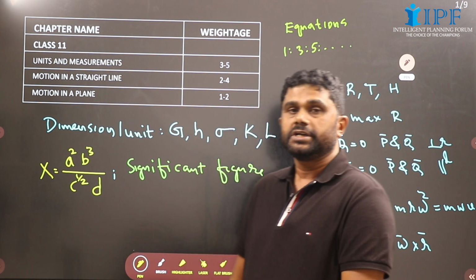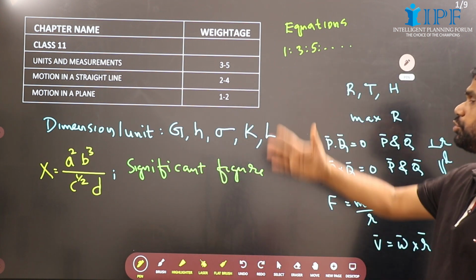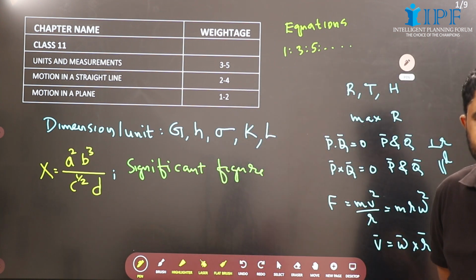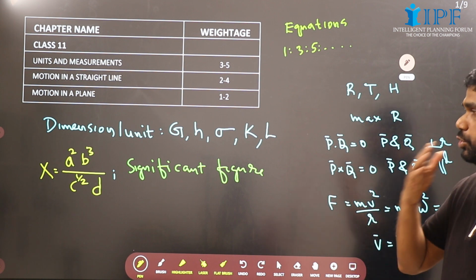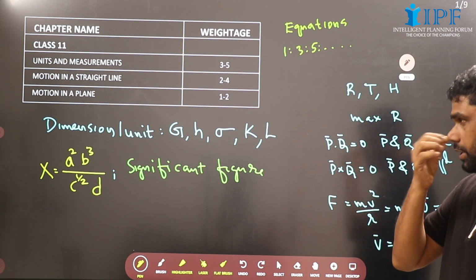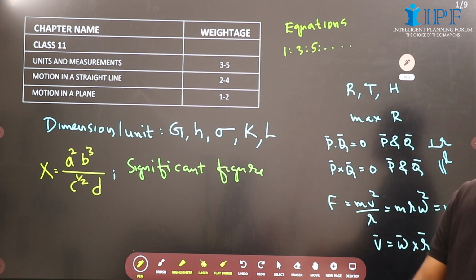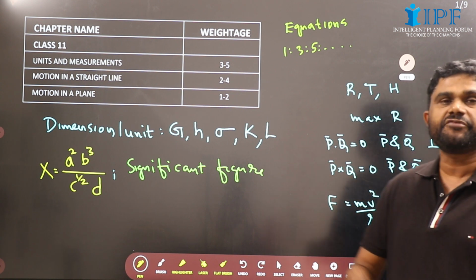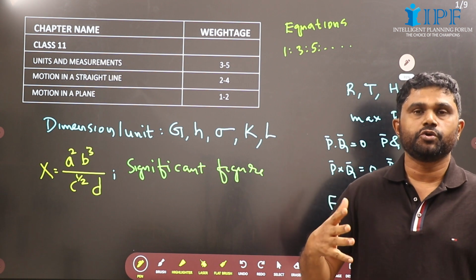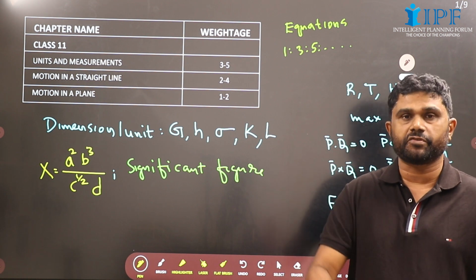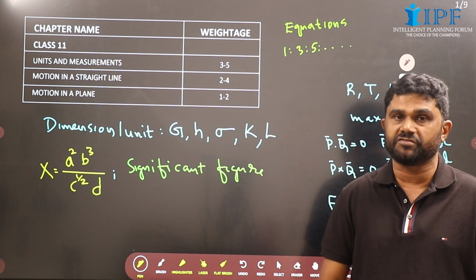Okay, now let us go to the next chapter, motion in a plane. In motion in a plane, you have to study vectors, then projectile motion and uniform circular motion. In vectors, you should know how to find the magnitude of a vector if it is given in component form.